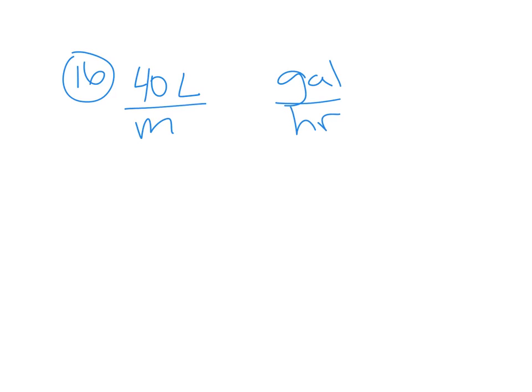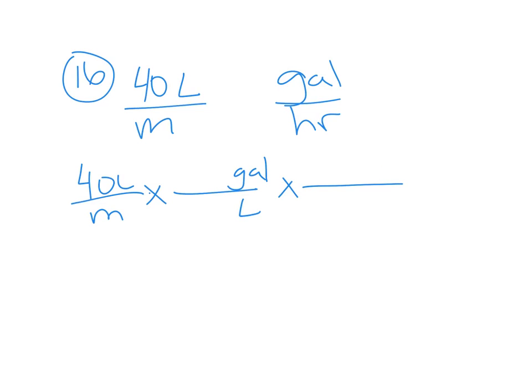Number 16, a community pool is filled at a rate of 40 liters per minute. Convert this to gallons per hour. So again, you're doing a double conversion. So 40 liters per minute, and let's do liters to gallons, and then we'll do minutes to hours.